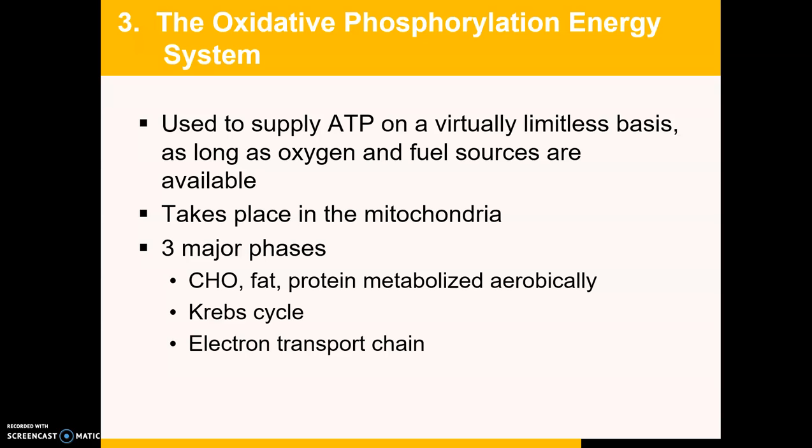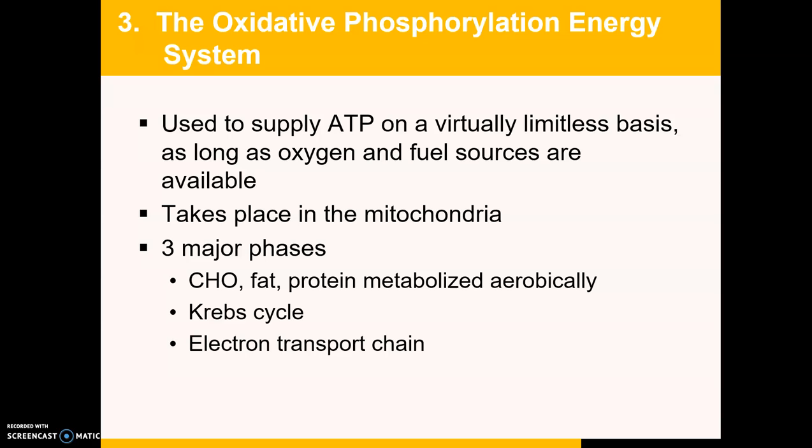However, the aerobic energy system, known as oxidative phosphorylation, is the energy system that can be used to supply ATP on a virtually limitless basis as long as oxygen and a source of fuel are available.